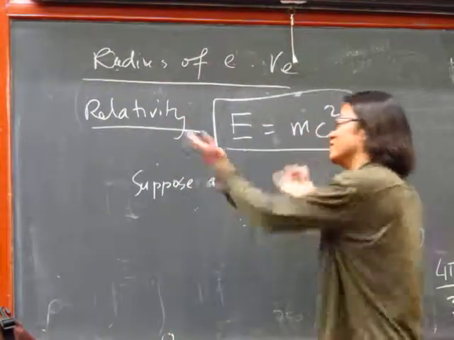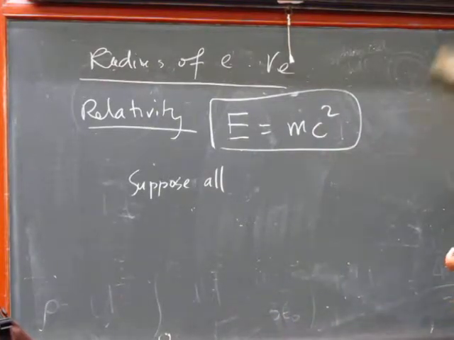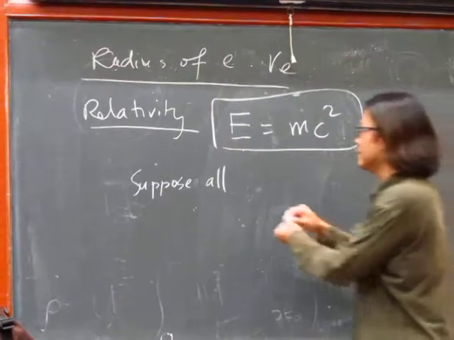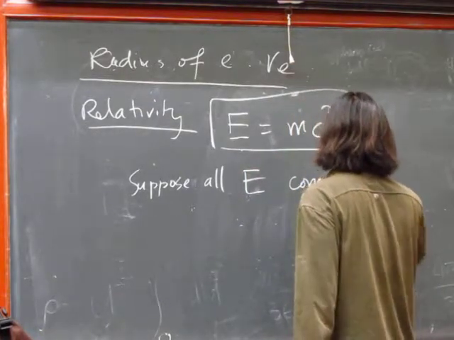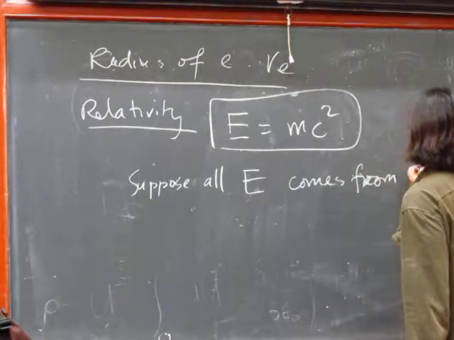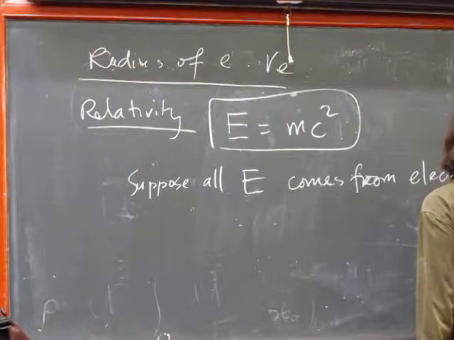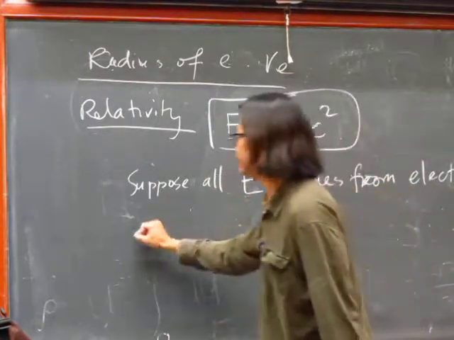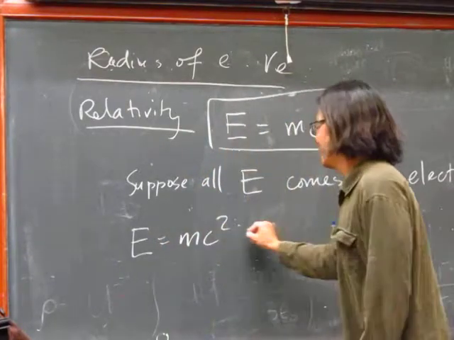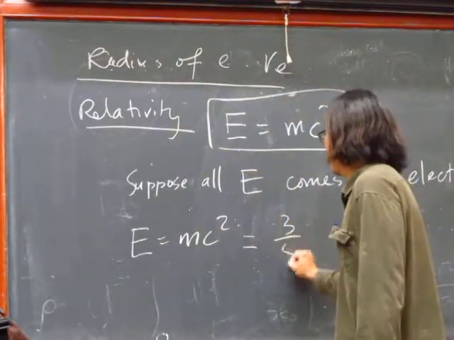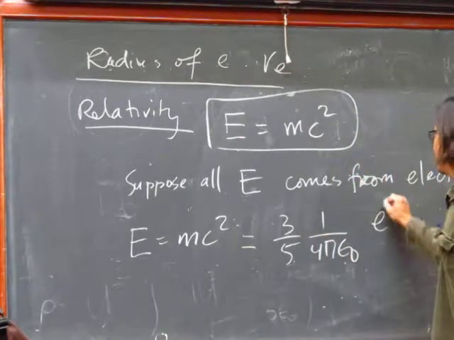The reason I say pretend is because this is still a model. Okay. Then what you have is E equals mc squared, which is equal to 3/5 times 1 over 4 pi epsilon naught, E squared over RE.